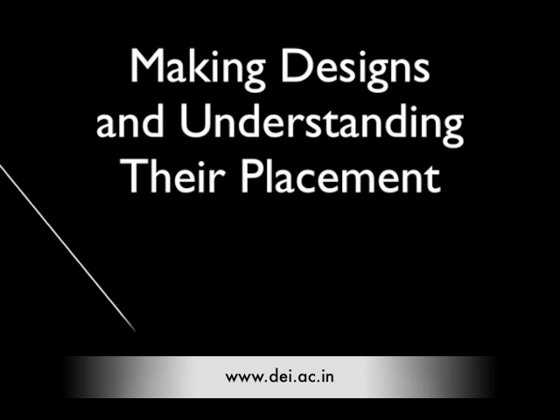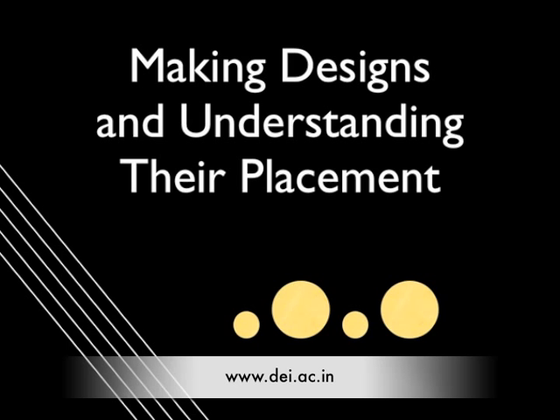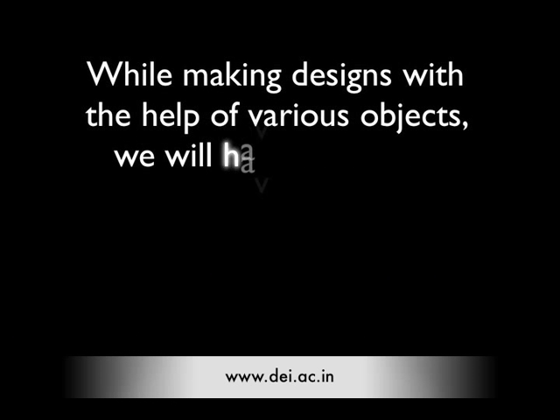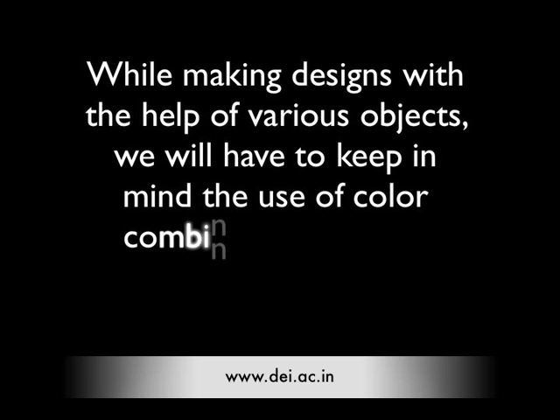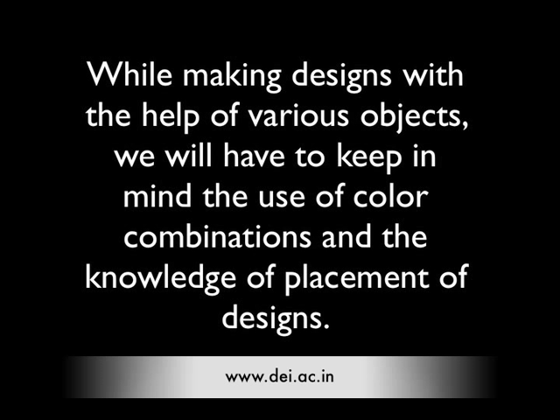Today we are going to talk about making designs and understanding the placement. While making designs with the help of various objects, we will have to keep in mind the use of color combination and the knowledge of placement of design.